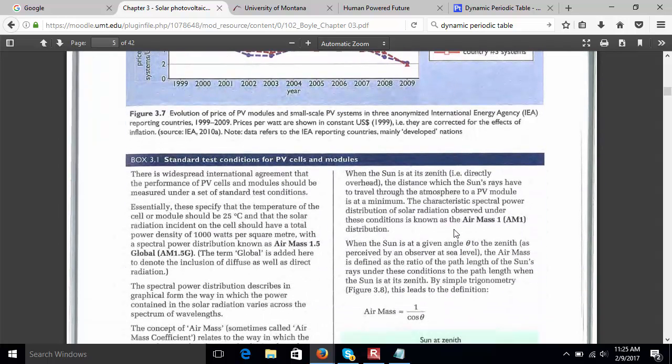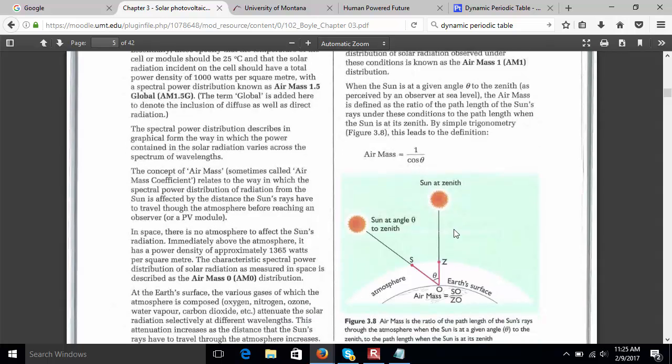Okay, here's standard test conditions. And the idea is that you have a certain air mass. So if the sun is directly above, you've got the length of one unit of air, but as the sun sets or as it's rising, the amount of air that the poor photon has to get through increases.